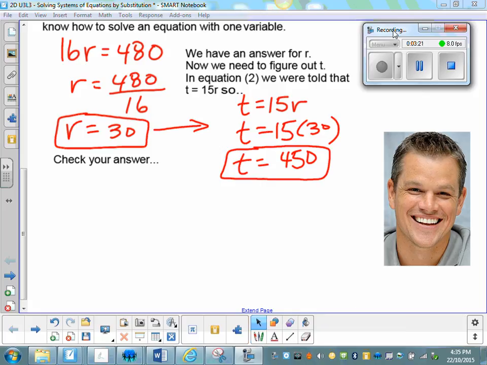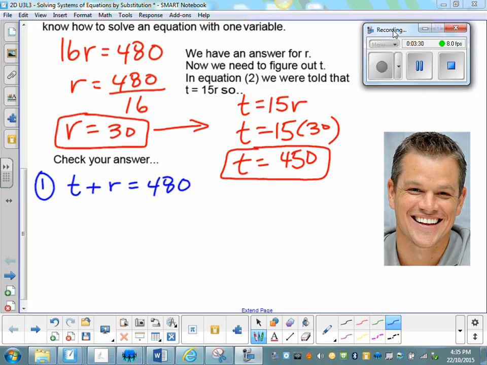Now to check my answer, I'm going to check it in equation 1 from up above. So equation 1 from up above is t plus r equals 480. So remember, I can do left side and right side to check equations for solutions. So I'm going to put t plus r on the left side, 480 on the right side.